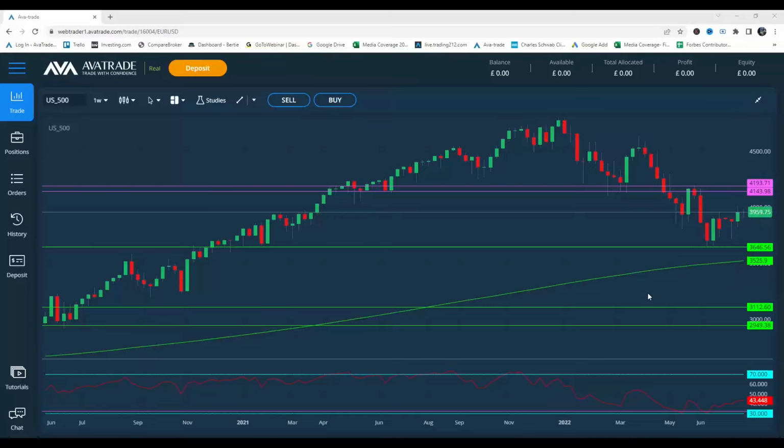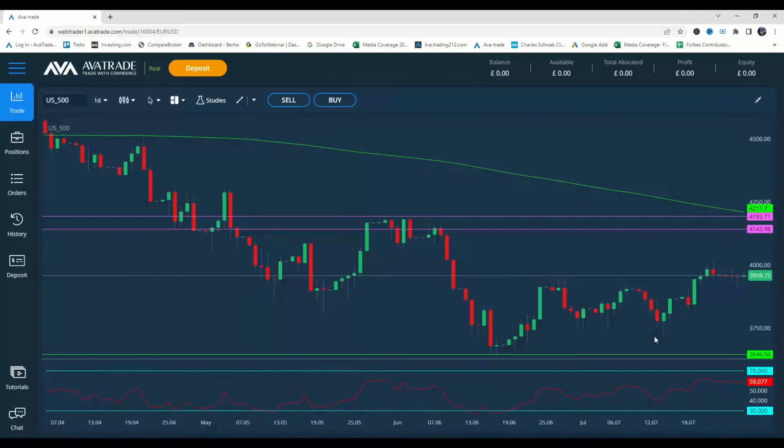Now the big question really is, will the market continue to move higher from here onwards? What we're going to do is go into a slightly smaller time frame, which is your daily time frame, right over here. So what we're going to see is that this is our resistance zone, which runs from 4,143 to 4,193.